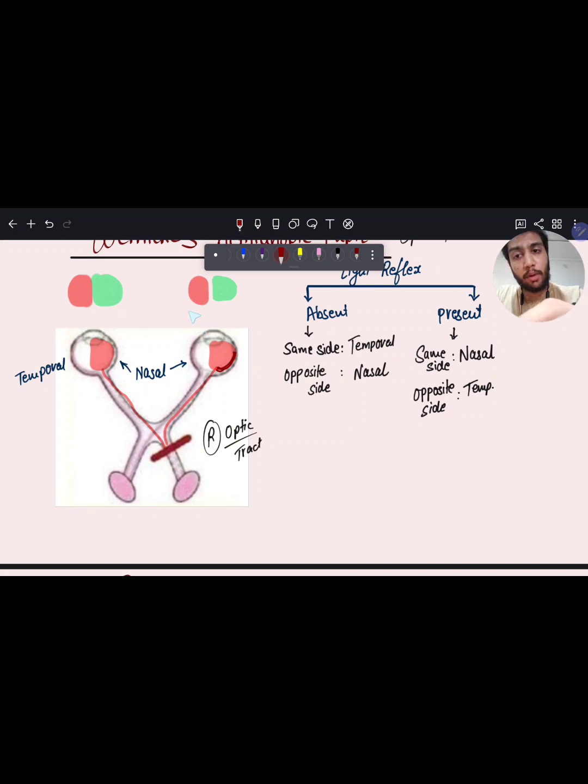If we are throwing light in such a way that it is falling on the temporal part of the right eye, the pupillary light reflex is going to be absent. And on the opposite side, if we are throwing light so that it falls on the nasal retina of the left eye, the pupillary light reflex is going to be absent. But the other part of the retina is normal.